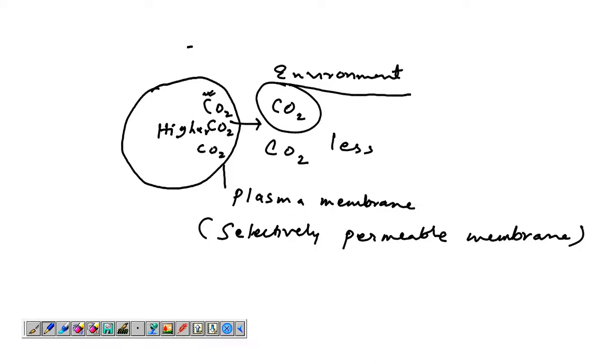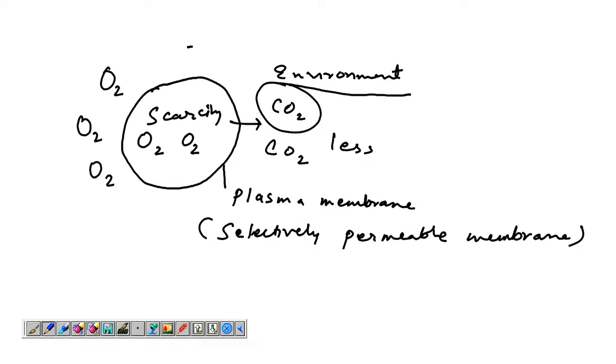Now the reverse is also true. If there is scarcity of O2 inside the cell, it means the concentration of O2 outside the cell in the environment is higher.